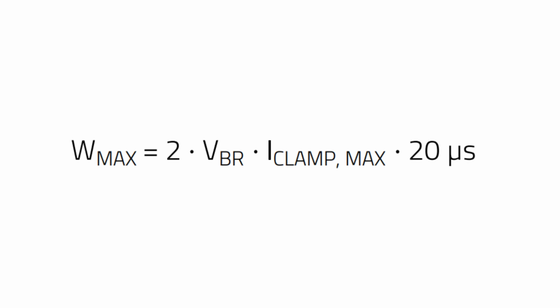So our formula is the energy consumption of the varistor in joules equals 2 times the varistor voltage or breakdown voltage at 1 milliamp times the maximum clamping current times 20 microseconds. So substituting those values that we know, we get 3.7 millijoules.